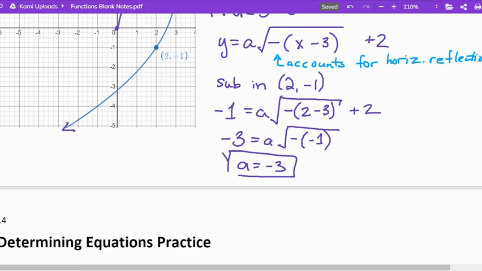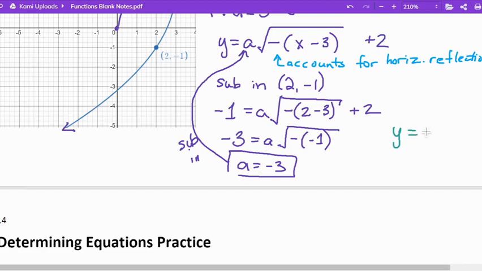And now we take this a and we sub it in here. Where does this 1 go? This one? No, the square root of 1. Oh, well, square root of 1 is just 1. So I kind of skipped a step. And then we can write our final equation.